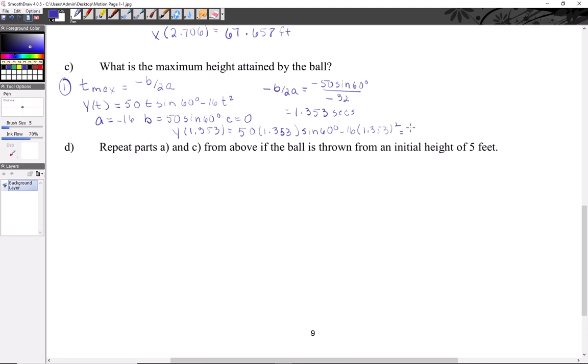And that should give you what your maximum height is. So that'll be 29.297 feet. So there it is. There's your maximum height.